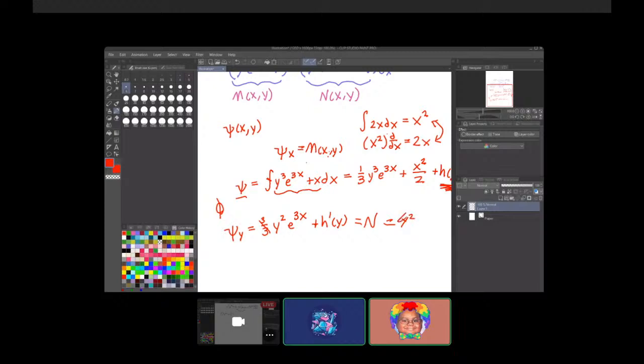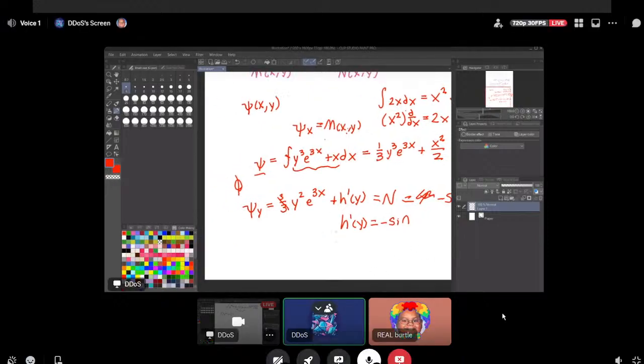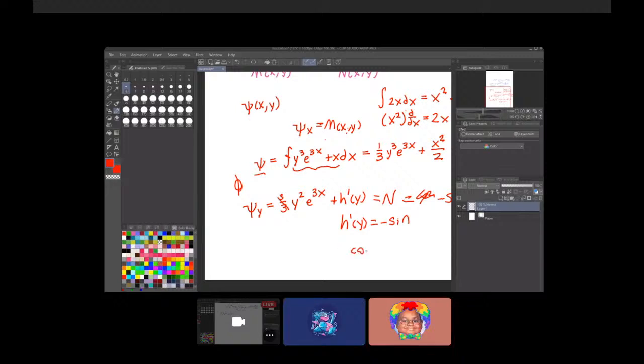And we don't care about the rest because it had this minus sign. So that means h prime of y is minus sine y. And the integral of minus sine is cosine. I just know that because we do that all the time.